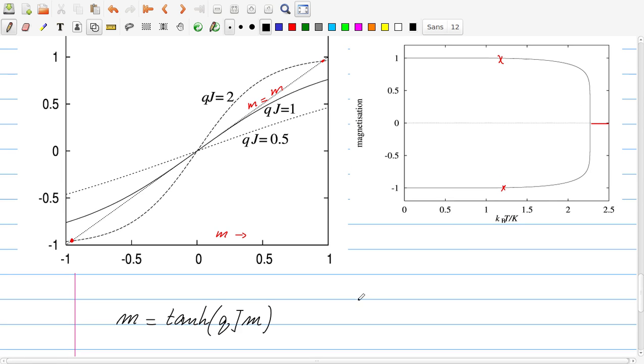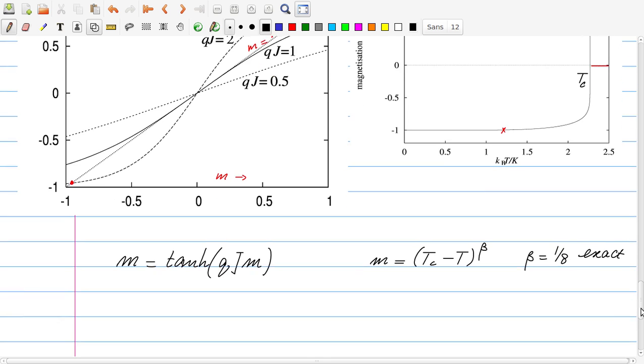So we had for small values of the magnetization, when we approach Tc, the critical temperature, from below, the m behaves like Tc minus T to the power beta, and that beta had a value of 1/8 according to the exact solution of the Ising model. So let's see what we find in the case of the mean field solution.